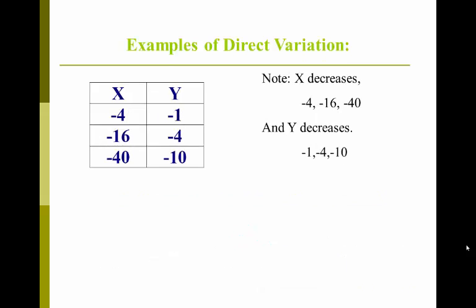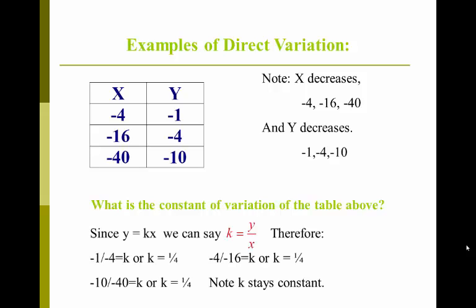Another example here, we notice that x is decreasing and y is decreasing. In order to figure out what our k value is, that constant of variation, we again do our division, and we end up that k is equal to 1/4. Therefore, our equation would be y is equal to 1/4 x.